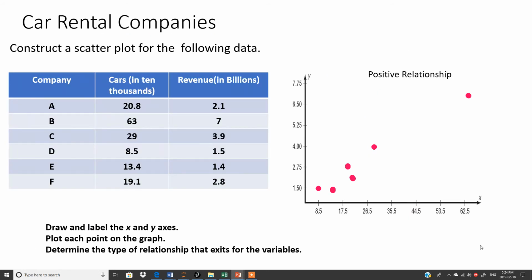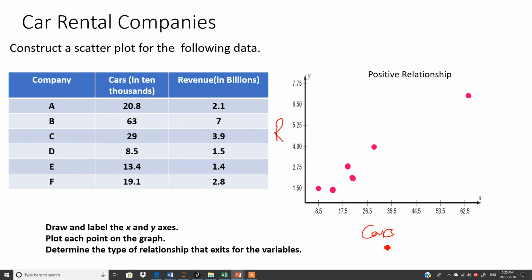Now we will solve the same thing, positive relationship or negative relationship, with the help of a few questions. Here are the car rental companies, and these are the cars and the revenue. We have to construct a scatter plot. On the x-axis we have cars and here is the revenue, because our revenue depends on cars.